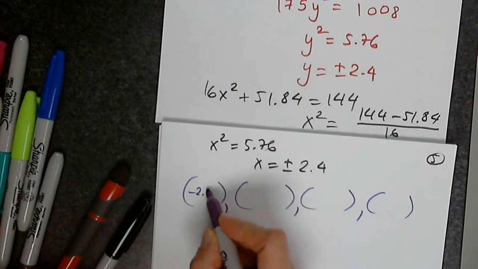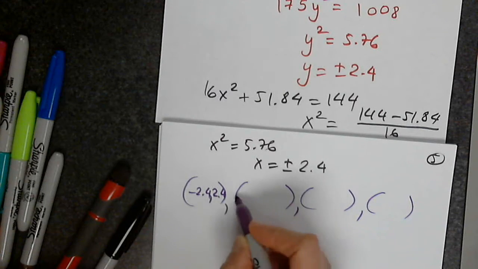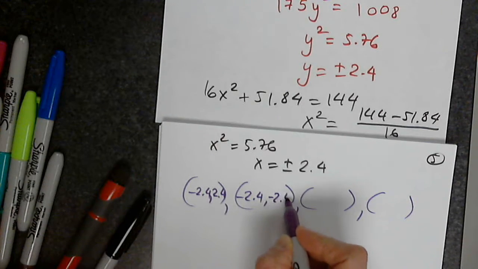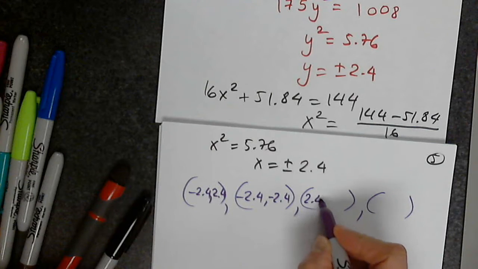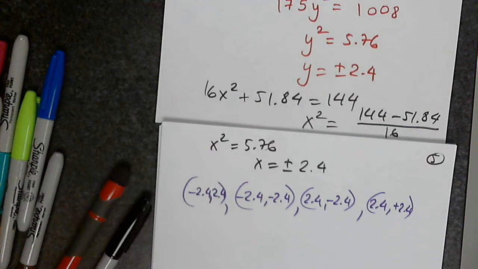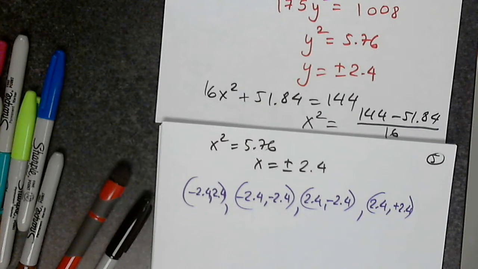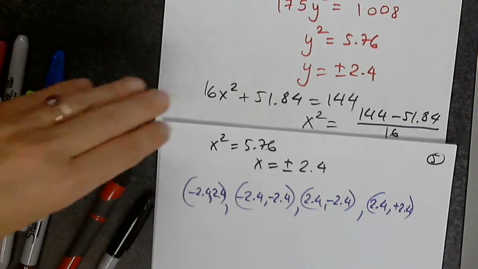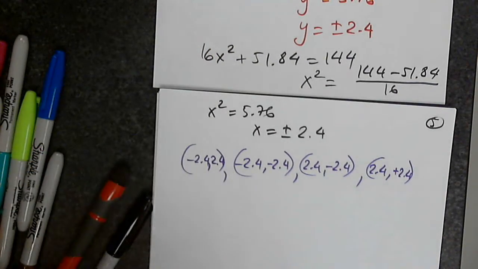So negative 2.4, 2.4; negative 2.4, negative 2.4; 2.4, negative 2.4; and 2.4, positive 2.4. In order to convince ourselves of this, let's graph it.